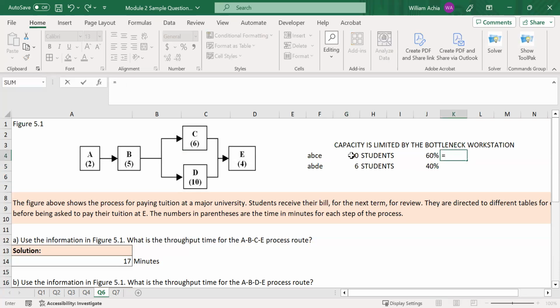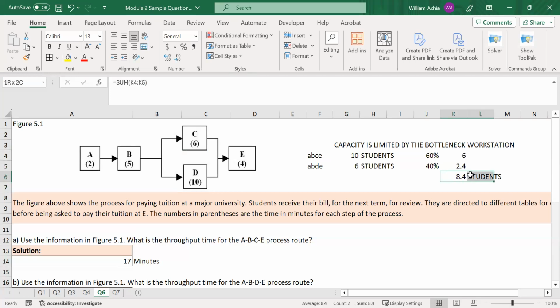So 10 multiplied by 60% is 6. And then I have 6 students multiplied by 40%, which is 2.4. If I sum these two up, I get my average capacity, which is 8.4 students.